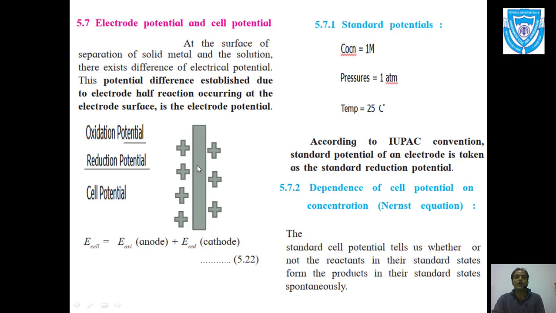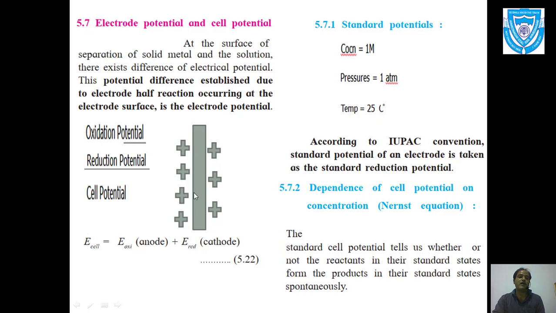This is the solid metal and its ionic solution. So it forms a potential difference at the border of the metal and the ionic solution. Suppose there are positive charges in the solution, then automatically on the electrode material there are negative charges.